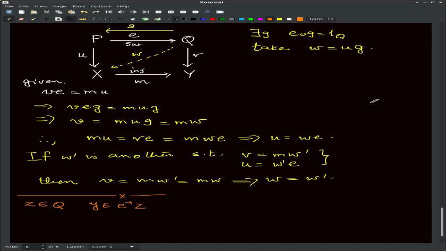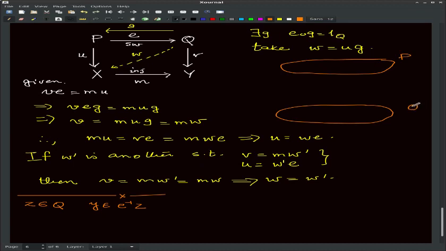Now let's try to figure out what this is. This is P, this is Q. Remember, your map E is a surjection. So the diagram looks like this.